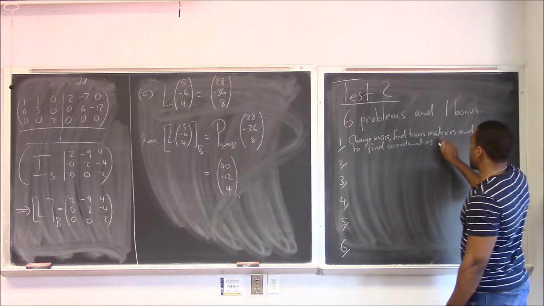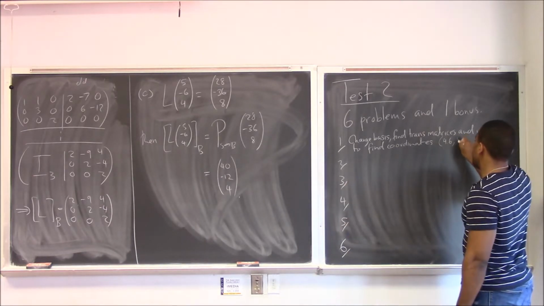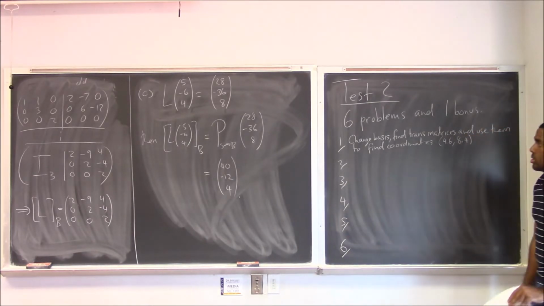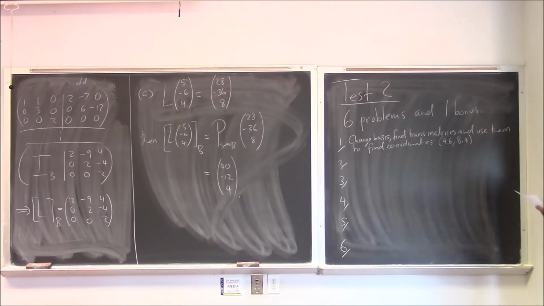So it's kind of like we did some examples in 4.6 as well as examples like these from 8.4. If you can look back at those lectures and see problems of that type, you'll have one.